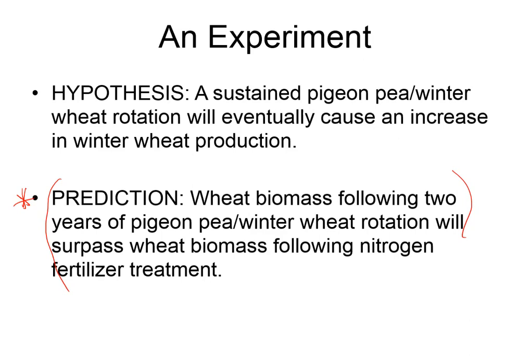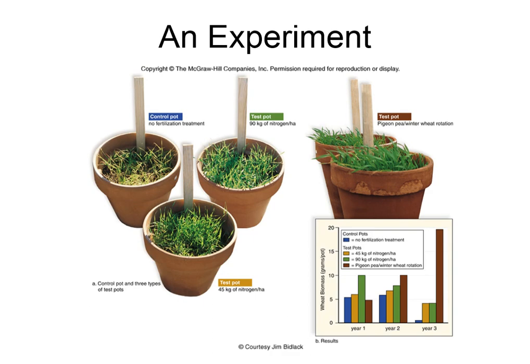So the actual planning of what you want to do depends on the predictions, because the predictions tell you, now use this amount, use this amount, do this rotation, do this rotation. The hypothesis will not tell you that. It is just a general statement. So here we are showing that when you do your experiment, you need to have a control here, and this part is a test part.